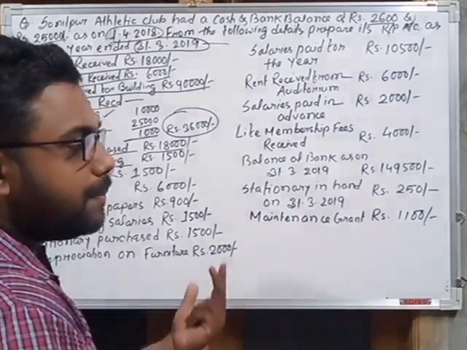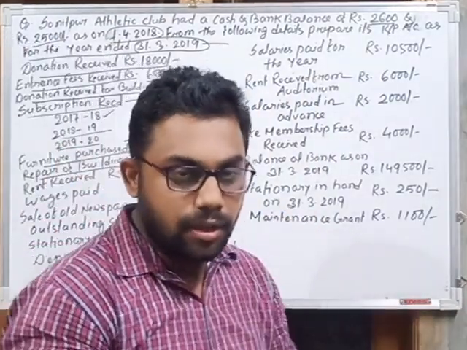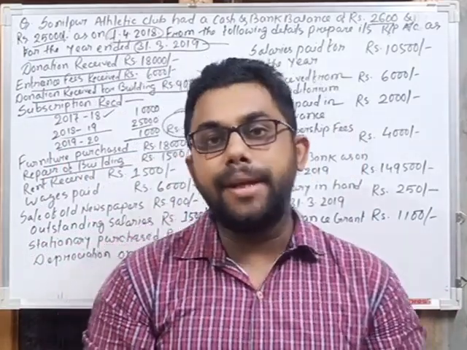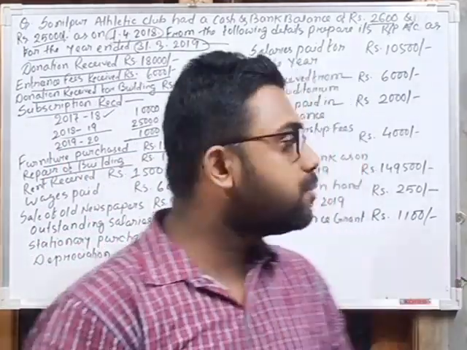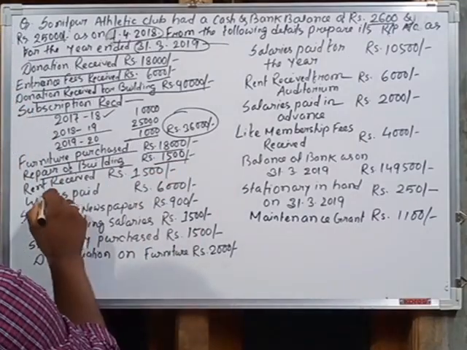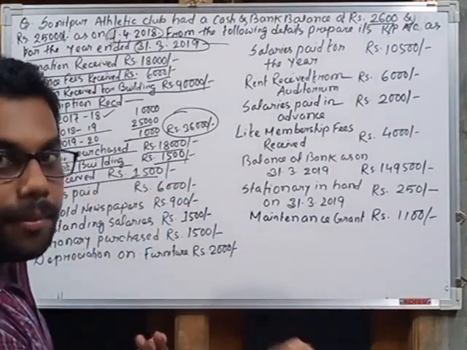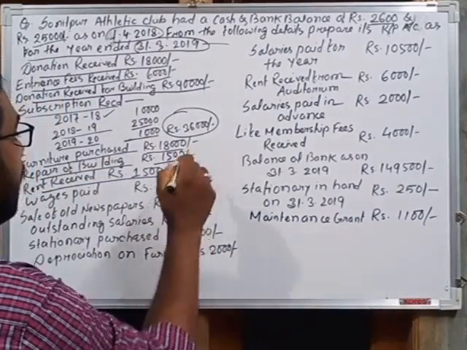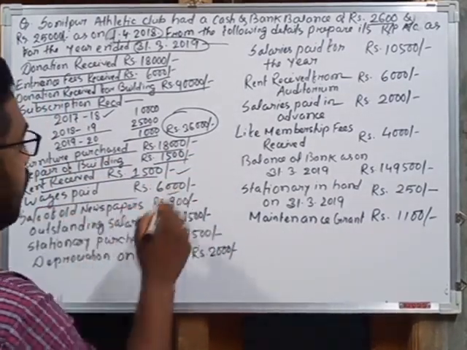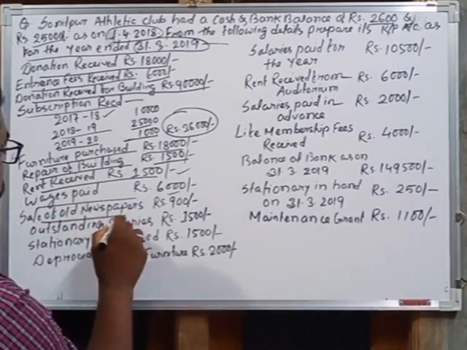In order to maintain or renovate the building there are expenses, amounting to rupees 1,500. Rent received will come on the receipt side, amount rupees 1500. Wages paid 6000.